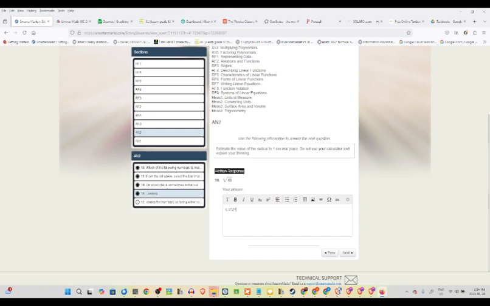So 6.5 squared, if we do that in the calculator, that is 42.25. 6.6 squared is 43.56. 6.7 squared is 44.89.